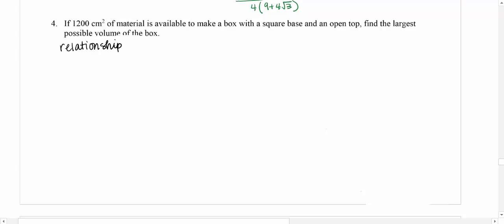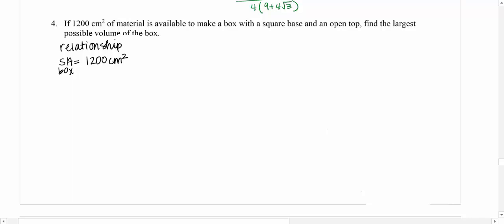And then what we know is that the surface area of a box is 1200 square centimeters. So my dimensions of my box are also going to be represented in centimeters. So then I will look at this and say, okay, what would the surface area of the box formula be?